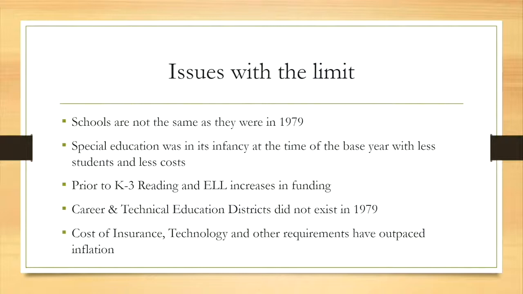ELL increased funding. JTED wasn't part back then, so the state increased the amount of spending with JTED districts, or CTED now. Cost of insurance, technology, other requirements outpaced inflation. These are all issues on a 40-year-old formula that they keep applying every March.